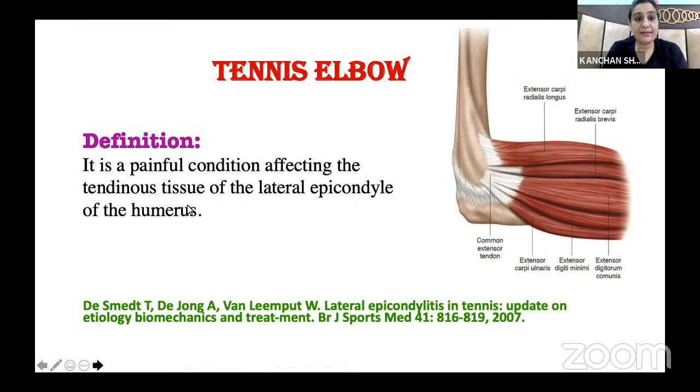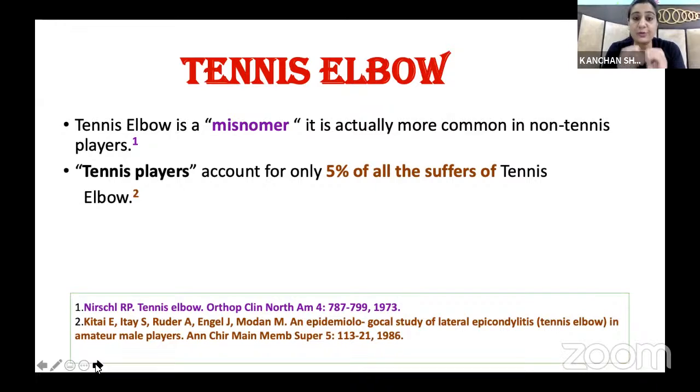So again, tennis elbow. Like the medial side was called golfer's elbow, the lateral side is known as tennis elbow. But if you see the literature, it is a misnomer, because you don't see this condition only in sports persons who play tennis, but in an enormous number of sports.